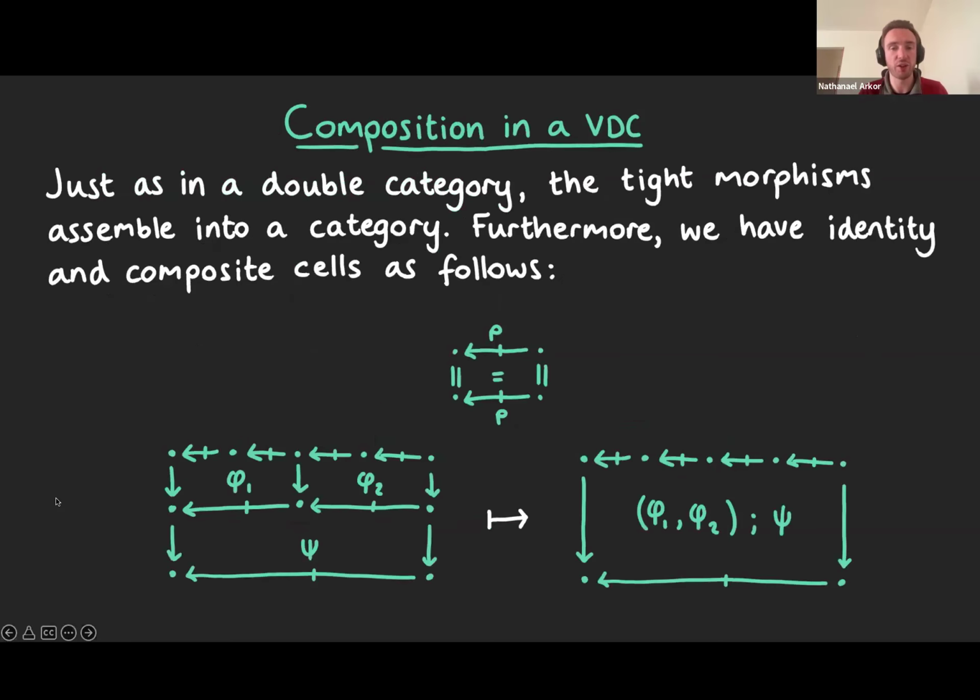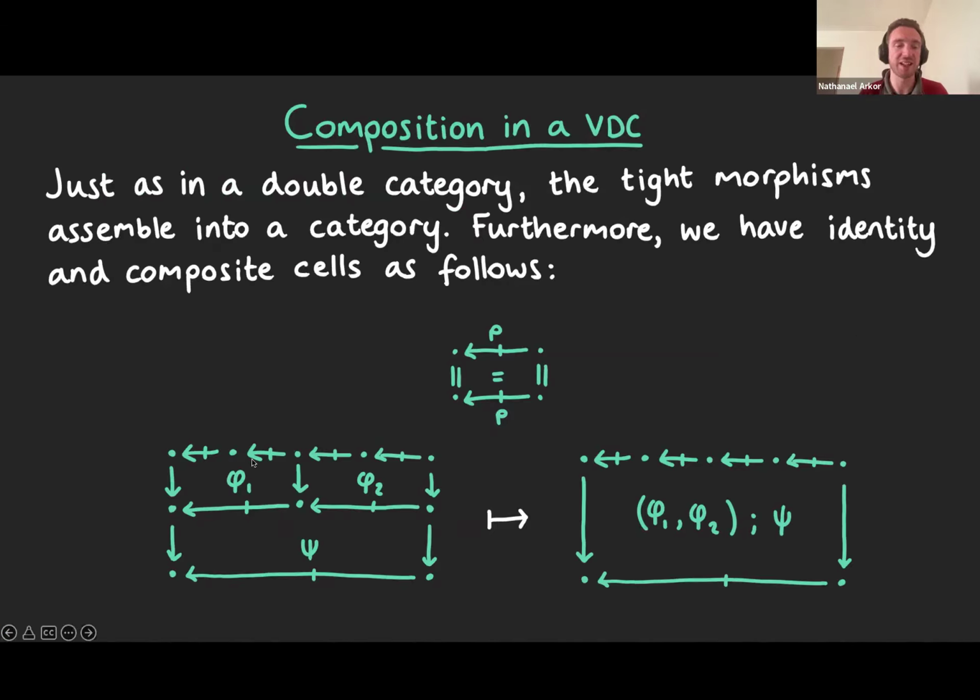Now, just as in a double category, the typed morphisms compose strictly associatively and unitally, so they form a category. But because we can't compose horizontally anymore, in the loose direction, our composition looks like composition of a multi-category. So we can paste together the rectangles with multiple inputs.